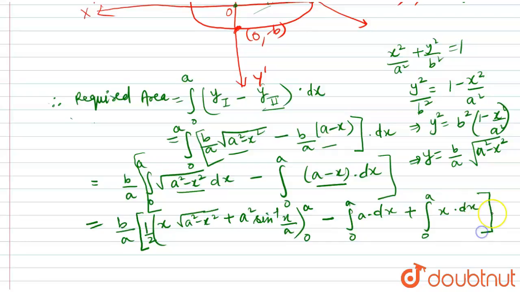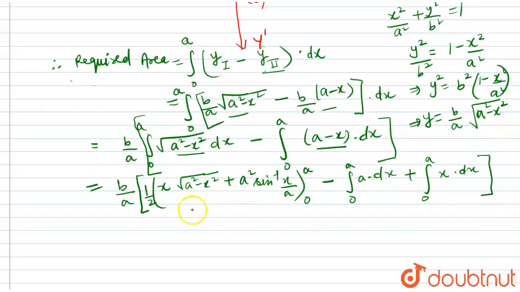So now let's see how we can integrate further. Here this is half. When you put the upper limit first, this term will become 0 because a square minus a square is 0, and then a upon a, so that will be sine inverse of 1.